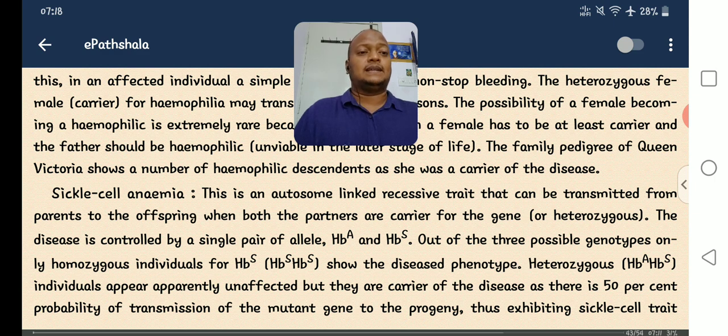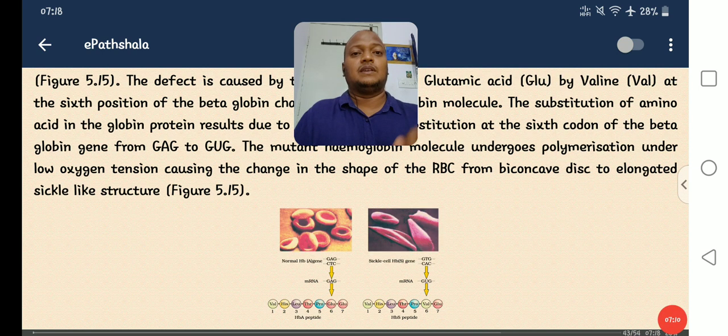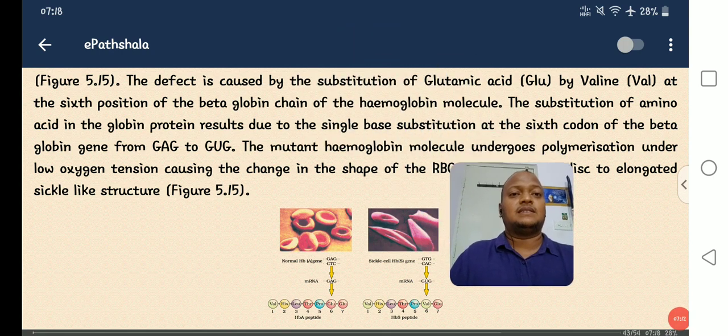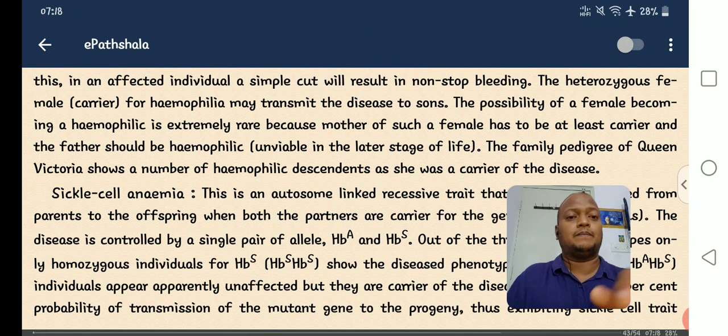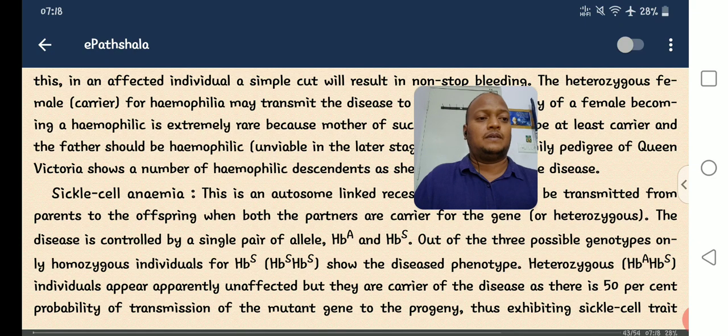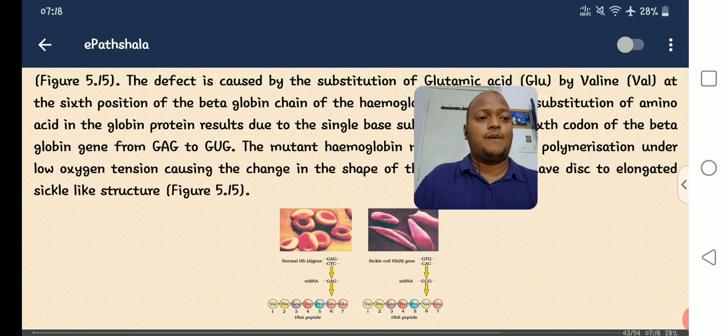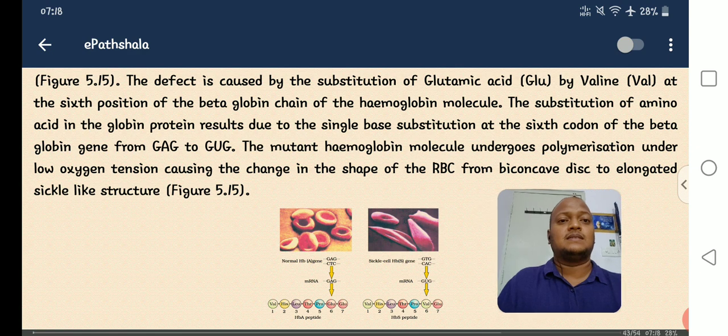If only one parent is heterozygous and the other parent is normal, it will not come, thus exhibiting sickle cell trait.